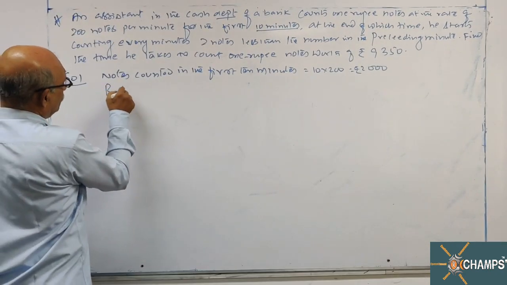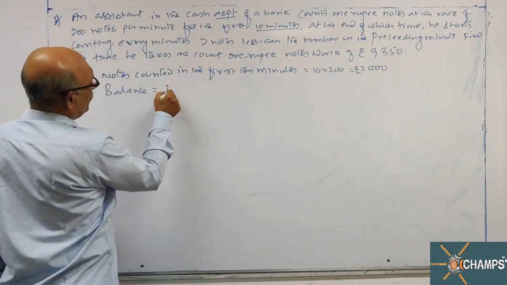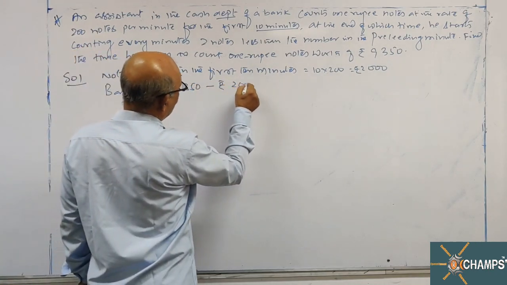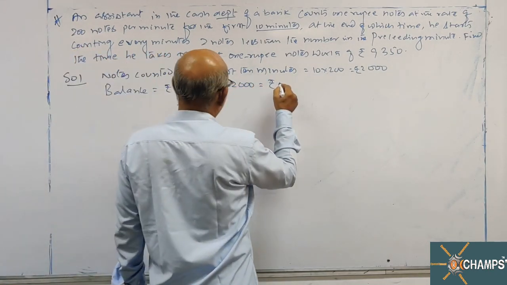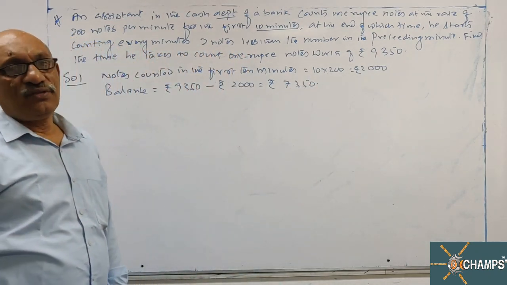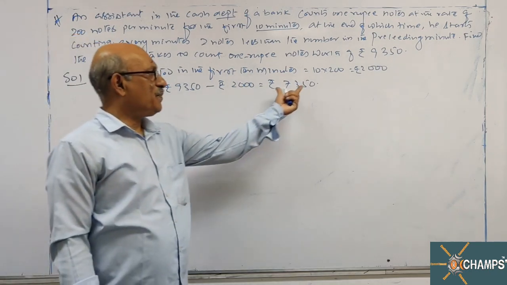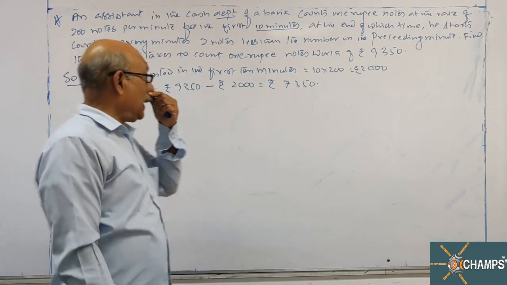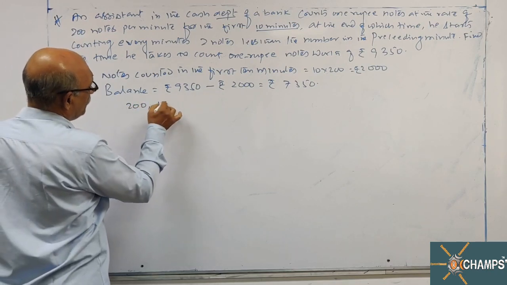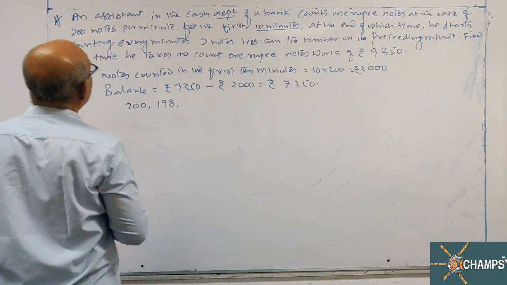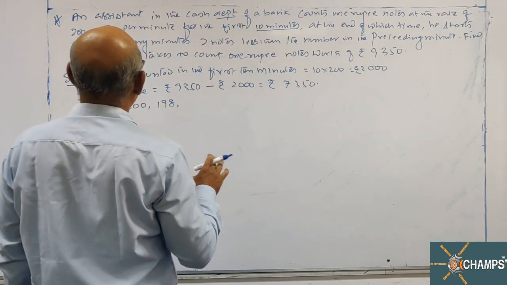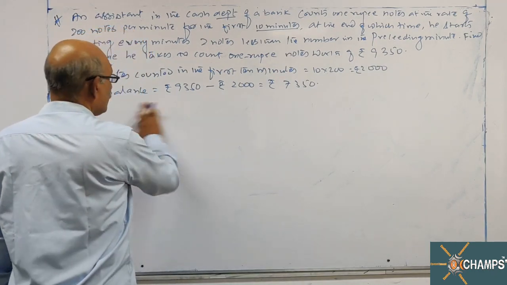Balance is equal to 9350 minus 2000 is equal to 7350. This many number of notes left over. Now 11th minute, end of the 10th minute, that is 200, 198. At the end of each 10th minute, he starts counting.